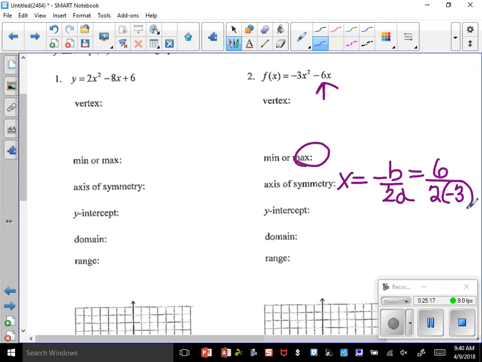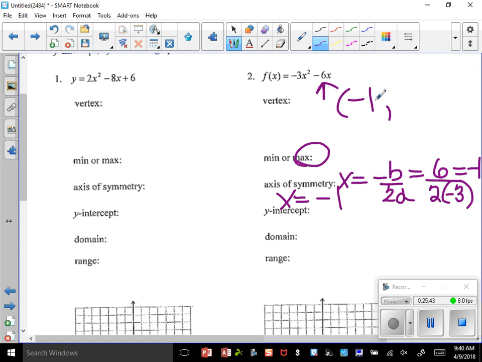The a term is -3. So what is 2 times -3? -6. What's 6 divided by -6? There's my axis of symmetry: x equals -1. It's also the x coordinate for my vertex.